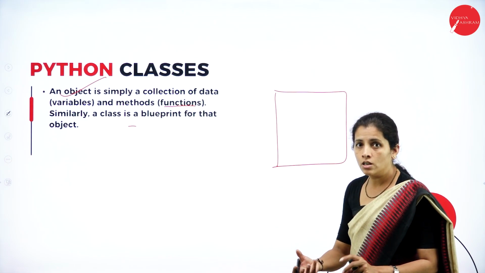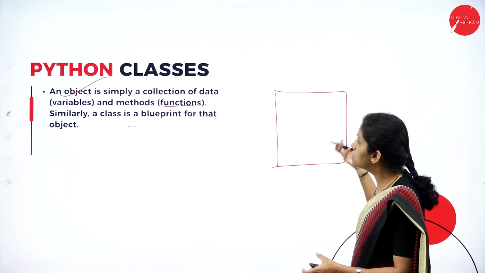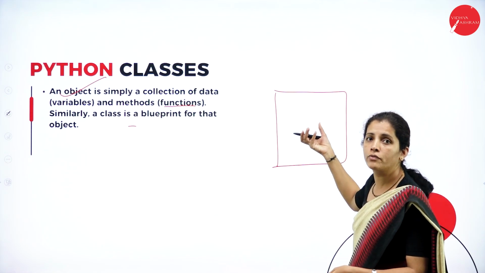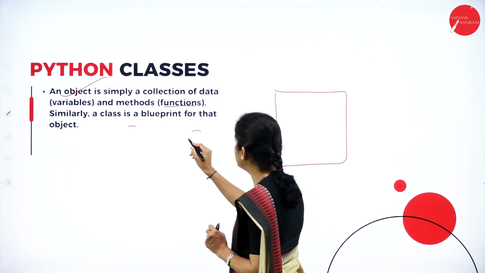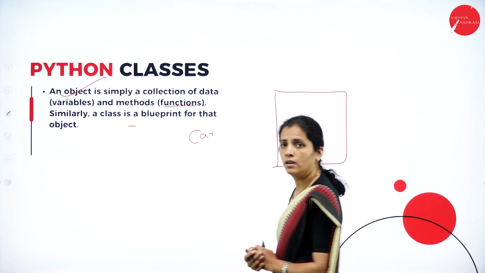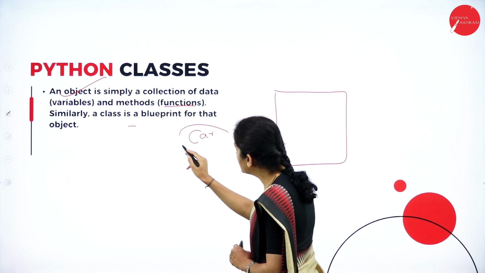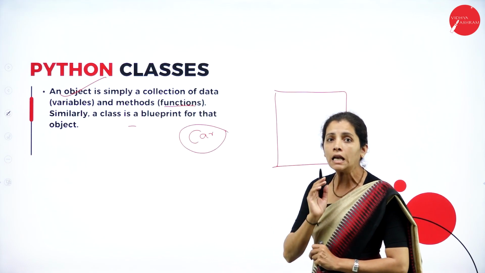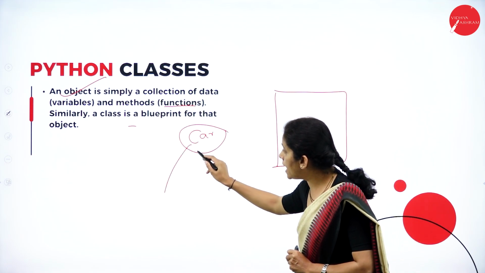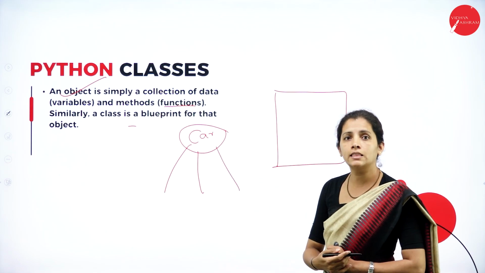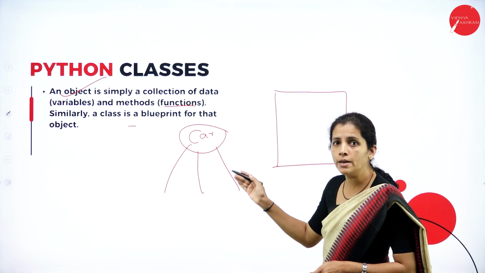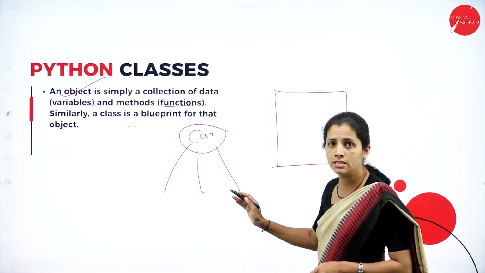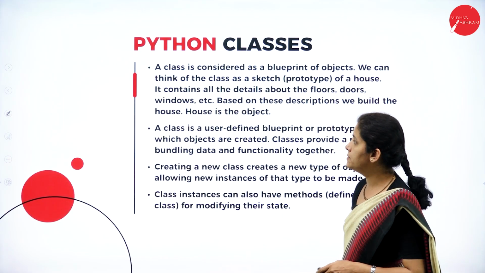The furniture, TV, all those things are the objects of that room. Another example, see here, if I consider car, car is nothing but my class. And the different kinds of car are nothing but the objects. So here we use an object-oriented programming language to represent real-world problems.